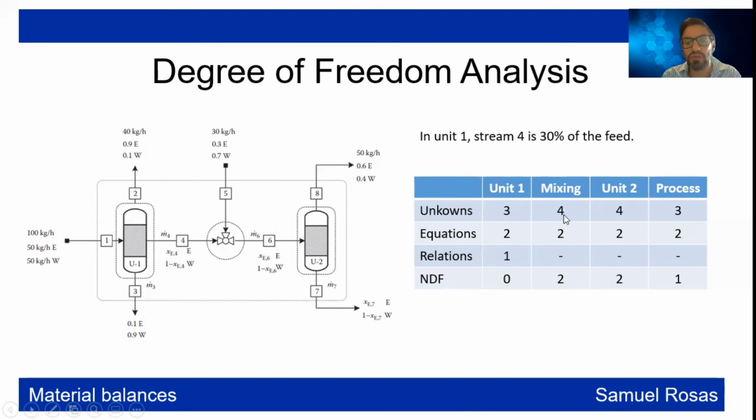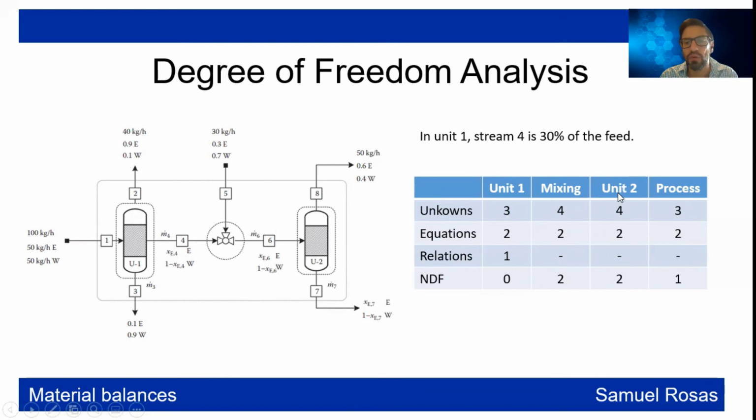Now, at the mixture point, you will have 4 unknowns, which are M4, XE4, M6 and XE6. In this case, you have 2 equations. You don't have a relationship, you don't have anything else. So it will yield a number of degrees of freedom of 2, which is not good to start here.